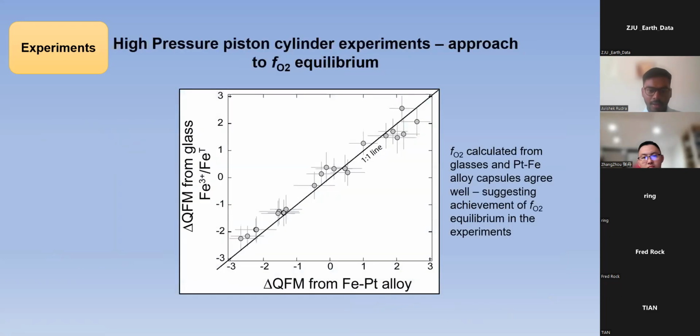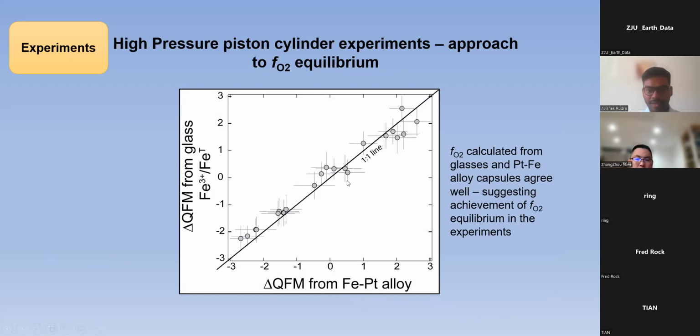And also, just as a side note, the way we confirmed that the system reached fO2 equilibrium is by measuring fO2 in two different ways. One by measuring the iron platinum alloy, and the other by measuring the ferric iron in the glasses, which we can then translate to the oxidation efficacy of the system.